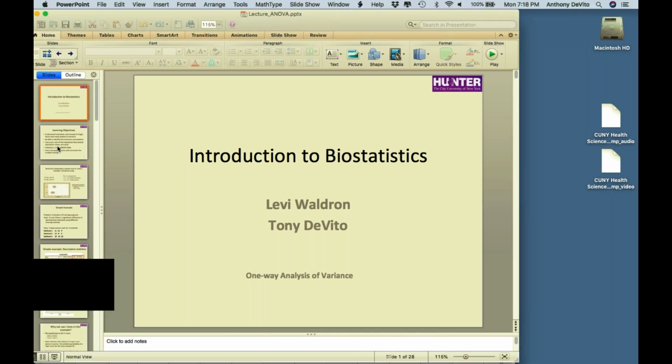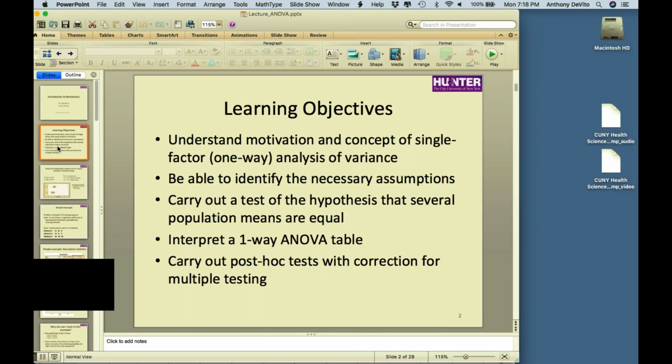Okay, for starters, what are we looking to demonstrate here? We want to understand this idea of analysis of variance that involves one single factor, one single variable, that one numerical variable whose means we're calculating.